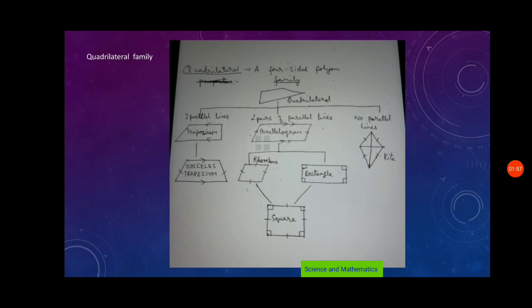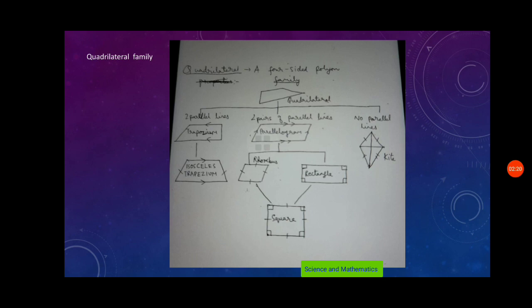When we say one pair of parallel lines, the trapezium and isosceles trapezium are those quadrilaterals which we can include in this category. And then there come the two pairs of parallel lines.